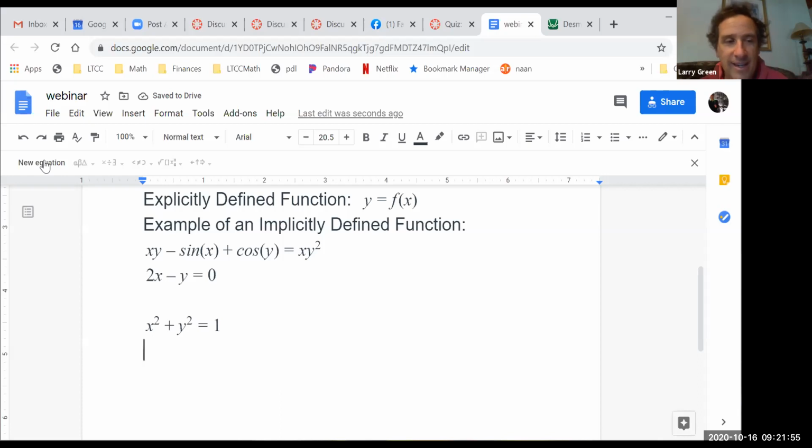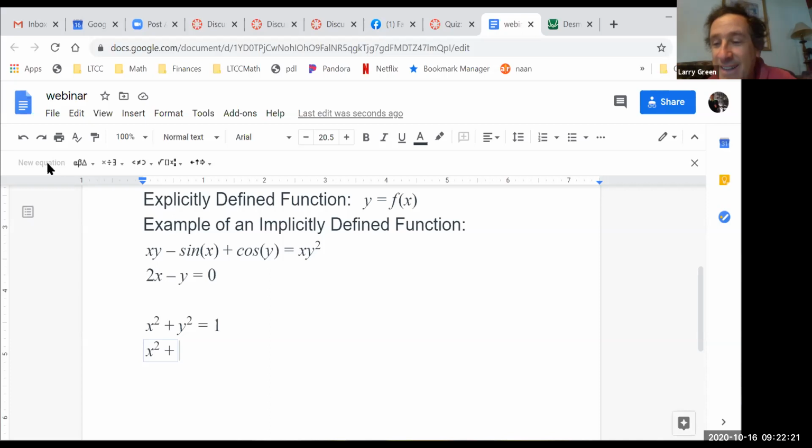So the idea here is that we have x squared plus, now y is a function of x. We could solve for y in terms of x. And if we're on the upper semicircle, it would be the square root of 1 minus x squared. But the point is I don't want to write the square root of 1 minus x squared.